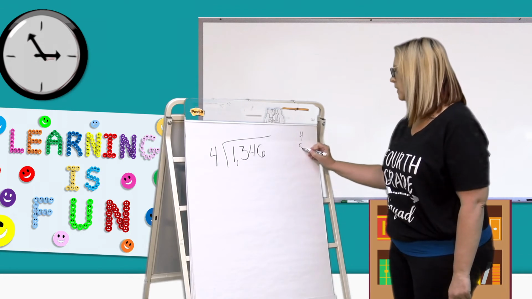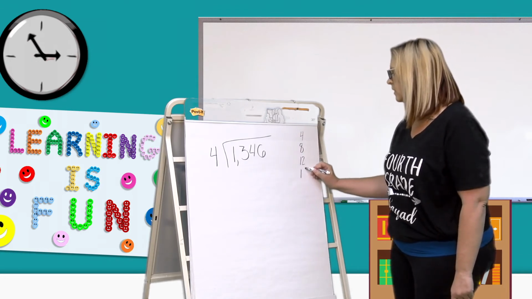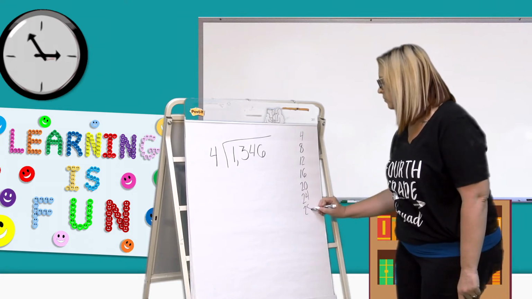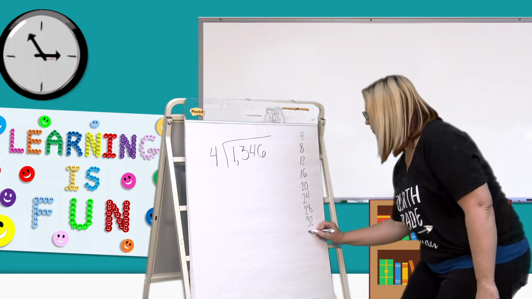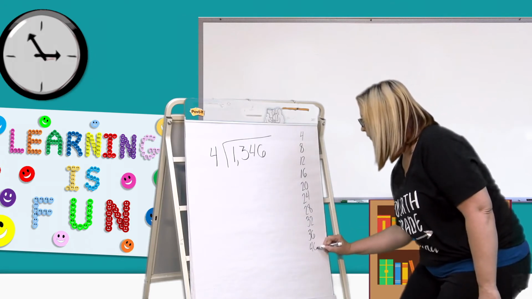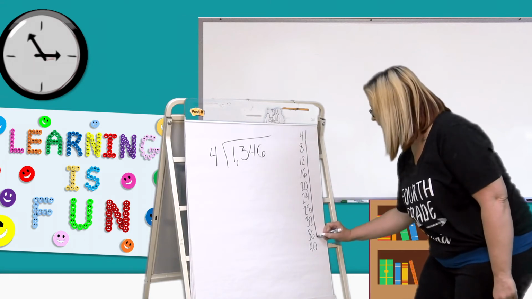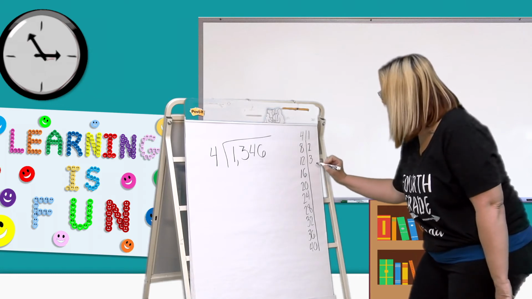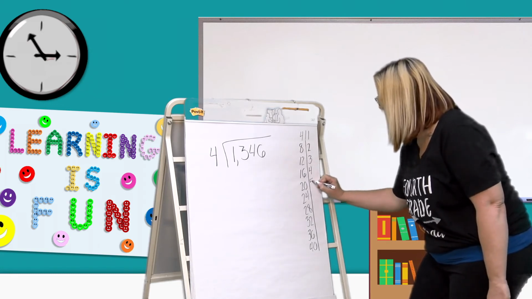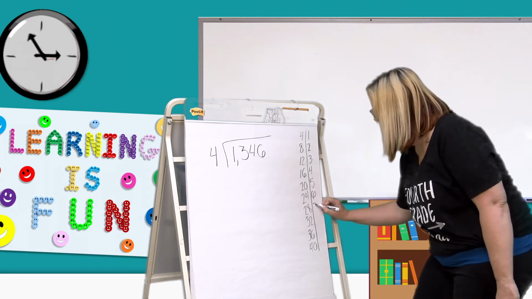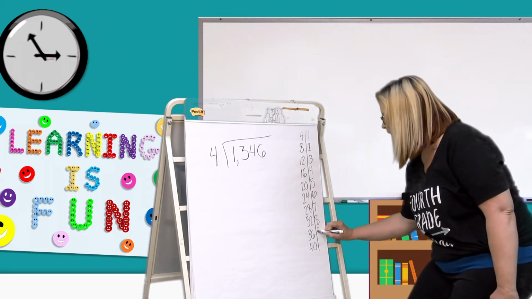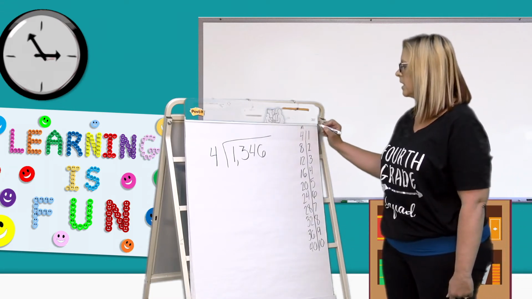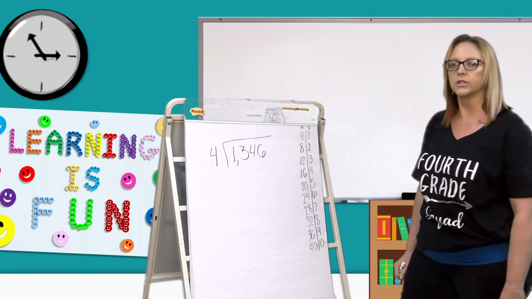So 4, 8, 12, 16, 20, 24, 28, 32, 36, 40. And I'm going to label them: 1 times 4, 2 times 4, 3 times 4, 4 times 4, 5 times 4, 6 times 4, 7 times 4, 8 times 4, 9 times 4, 10 times 4. Here's my multiple, and here's what's going to be used as my quotient.